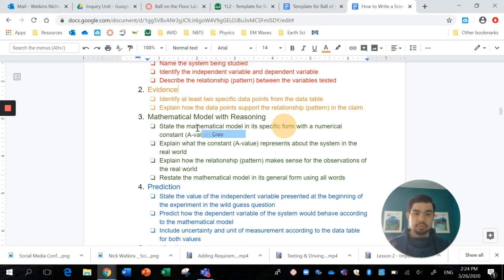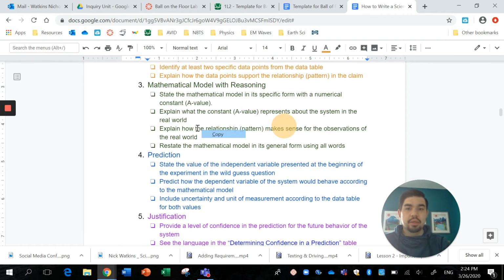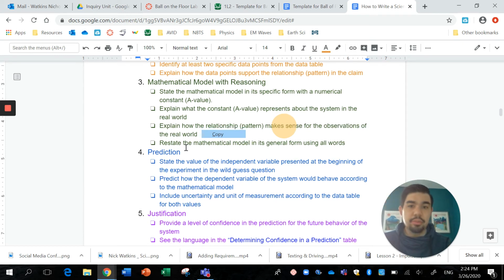You can also just indicate the shape of your line of best fit. Your line of best fit is evidence. Number three, mathematical model with reasoning. This is really the meat of your lab conclusion. This is where you state your mathematical model. A lot of you have had some confusion about what a mathematical model is.